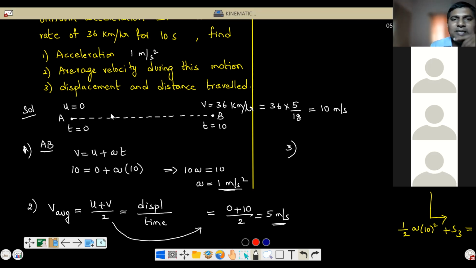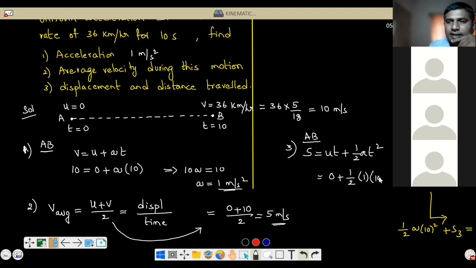Next, the third one, displacement and distance traveled. What is the formula for displacement? S is equal to ut plus half at square, in the interval AB only. U is 0 plus half into acceleration, which we just got as 1, into time t square. So that means 50 meters. Is this S a displacement or distance, Shraddha?